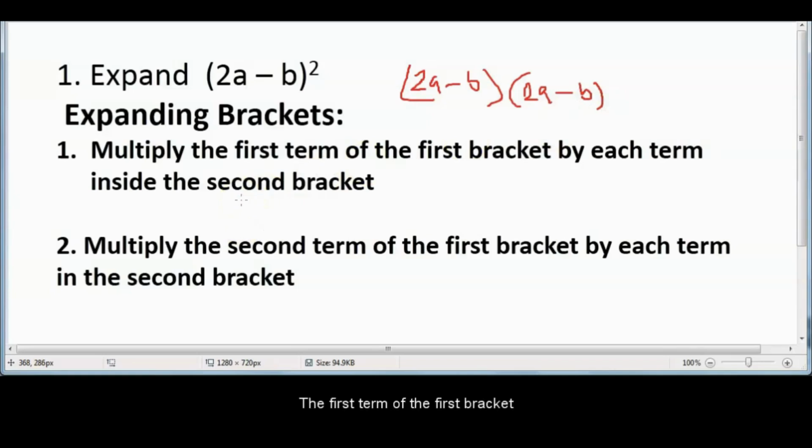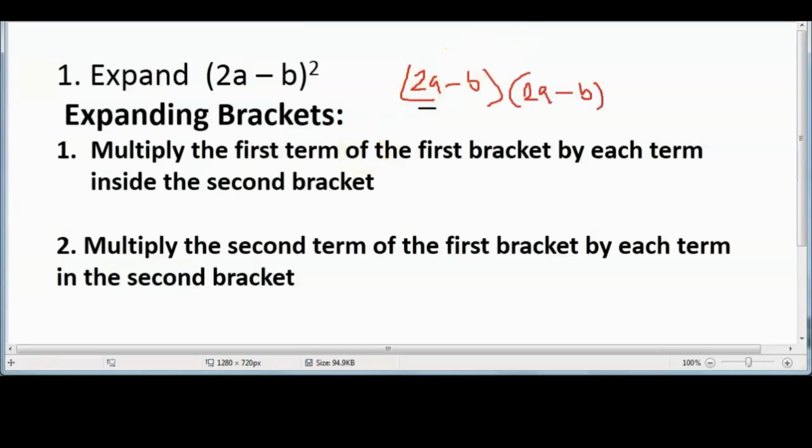The first term of the first bracket is 2a. Multiply it by each term inside the second bracket.